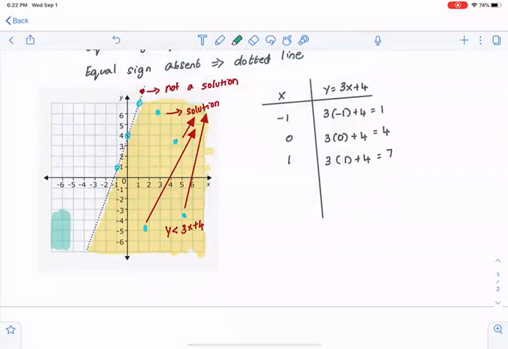I'll draw in teal. That would be the solution for y greater than 3x plus 4.